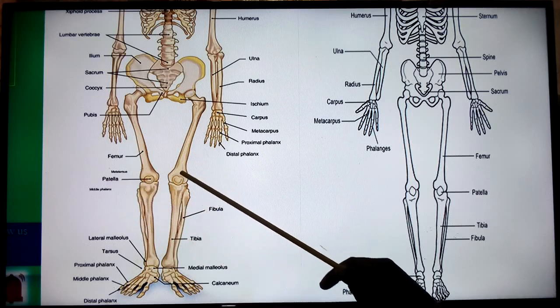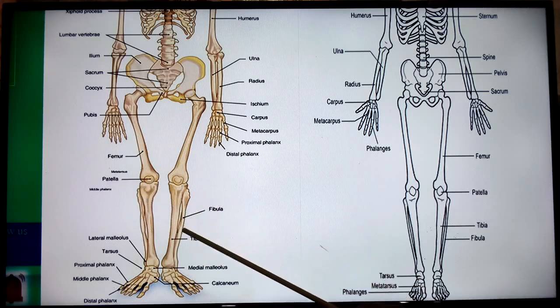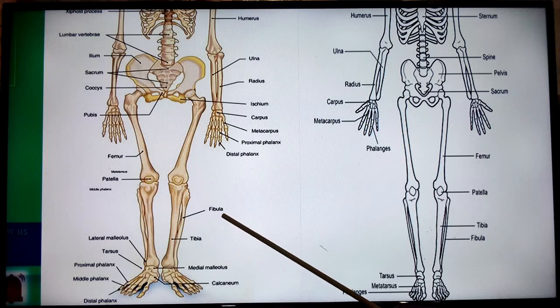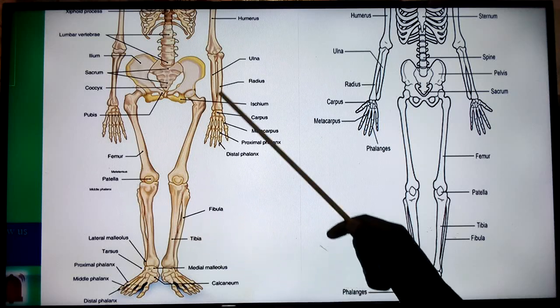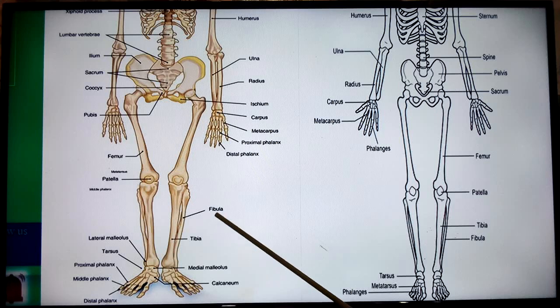From there, we see that the lower part of the limb is made up of the fibula and tibia. Just like the ulna and the radius on the upper part, the lower part is made up of the fibula and tibia, which articulate with the lower parts of the limb that we see here, mentioned as the tarsus and the proximal phalanx.